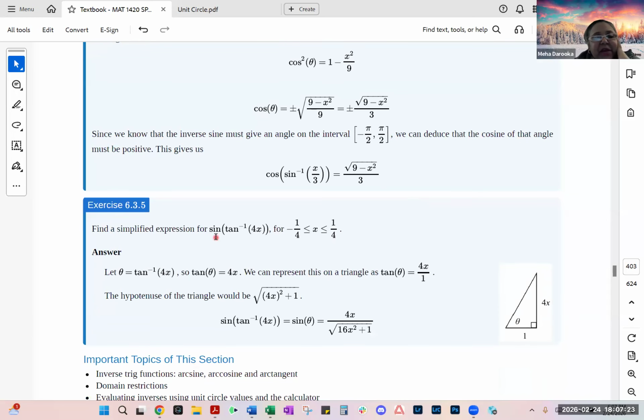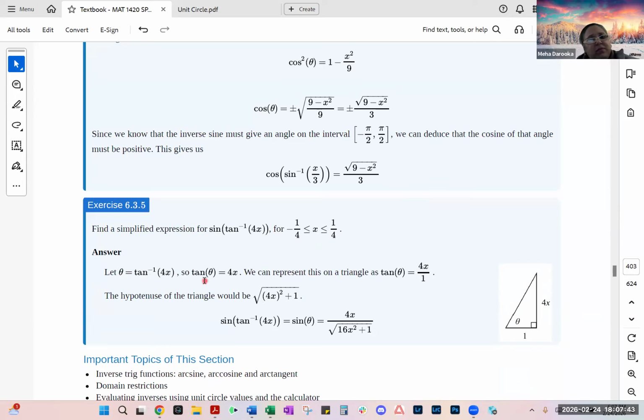So you can see this time we are given sine of tangent inverse of 4x. And the x is defined as a value between negative 1/4 and positive 1/4, of course, including the endpoints again. So start by rewriting your tangent inverse of 4x equal to theta.